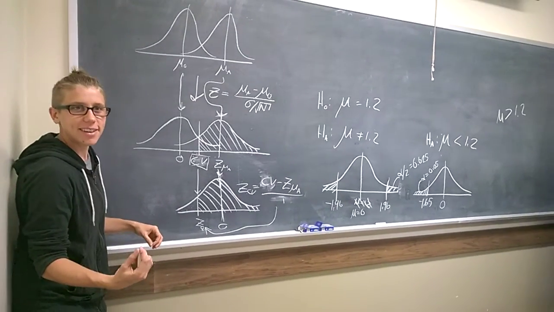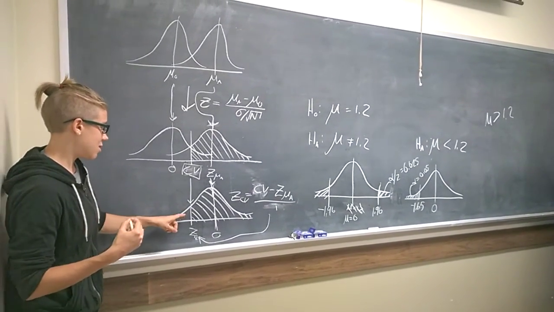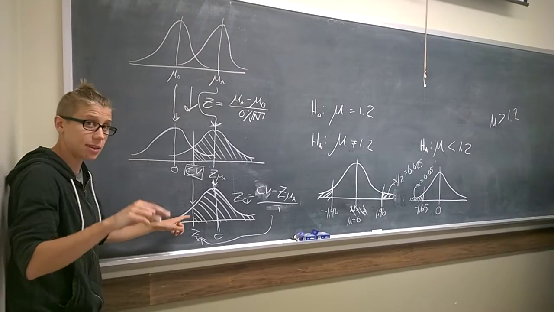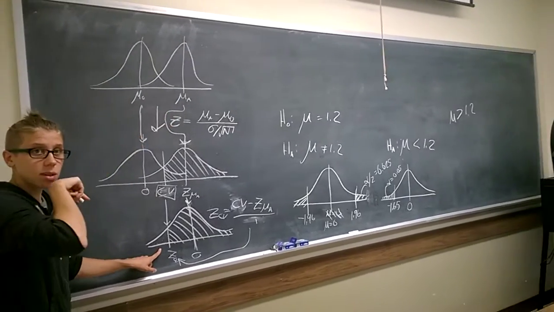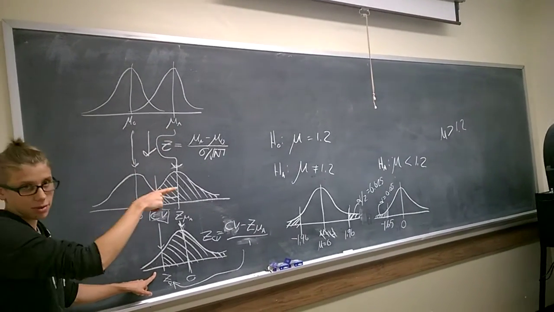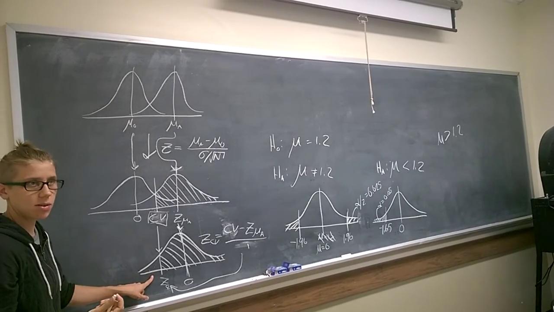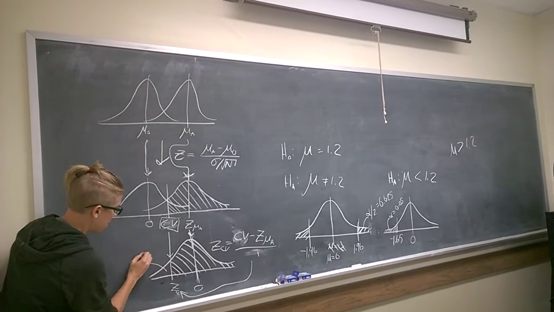The probability that we fail to reject the null hypothesis, given that the alternative hypothesis is true. And which error is that? Type 2. Yeah, that's the probability of committing a type 2 error. So this is beta.